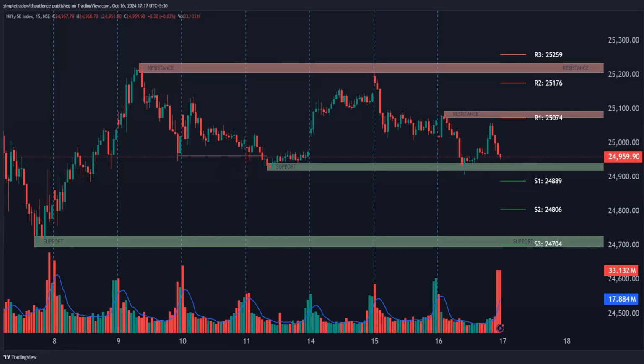So overall, you could look out for a range anywhere between 25,150 to 25,250. On the lower side, if it fails to hold 24,889, we could see 24,700 levels coming into play. And if that breaks down, we could have even more downside movement.